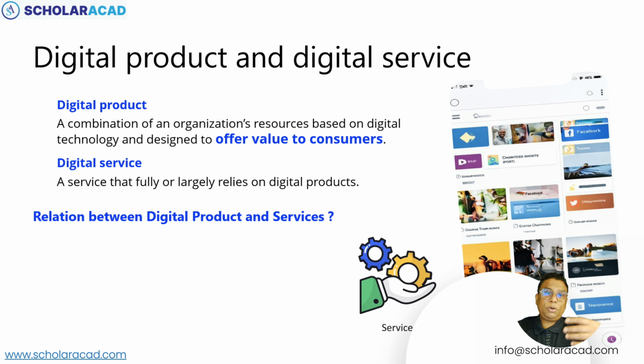So digital products are your servers and network devices, and digital service is the overall internet service which you are using. Now how is it going to help you build a better relationship? They depend on each other and use each other. So it is important to understand how digital products and services are interlinked, which is going to create better and better services.